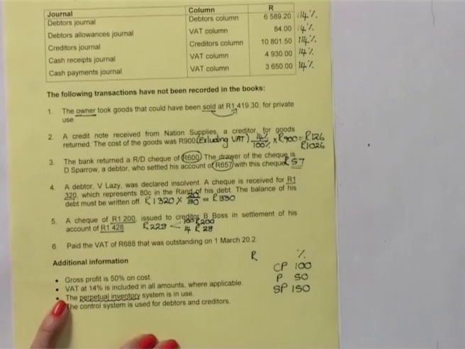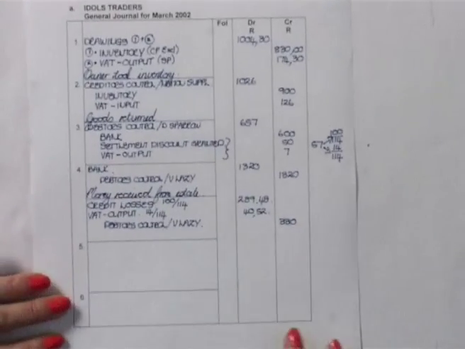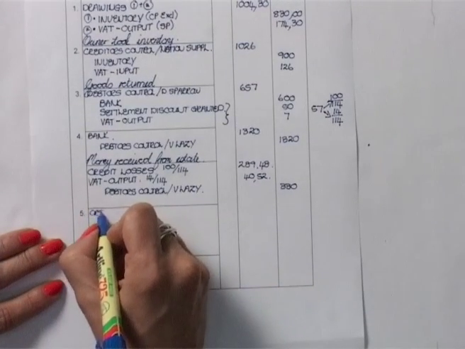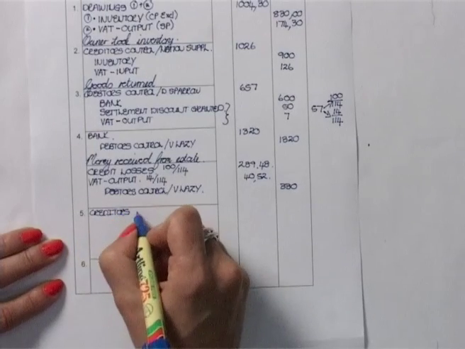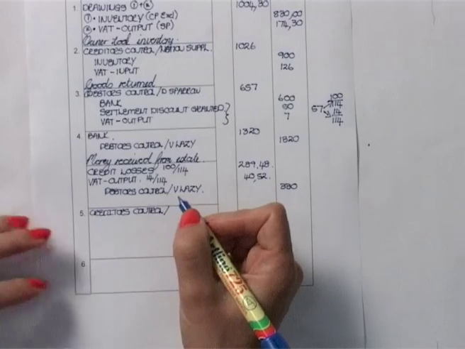If we account for this in terms of debits and credits, issuing a check to a creditor will make our liability decrease. So we're going to debit the creditor's control. And the name of the creditor.